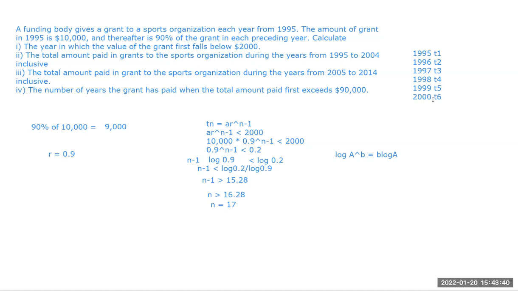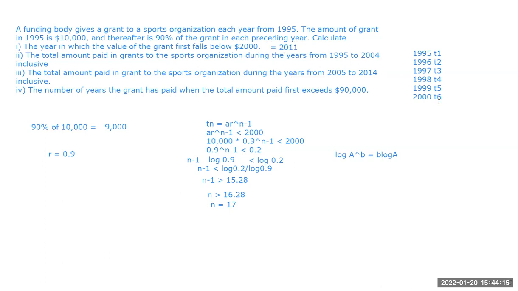It would be 2017. Wait, no. Hold on. So year 6 is 2000. So when n is 6, that's 2000. You need to see which year would be 17. 2011.